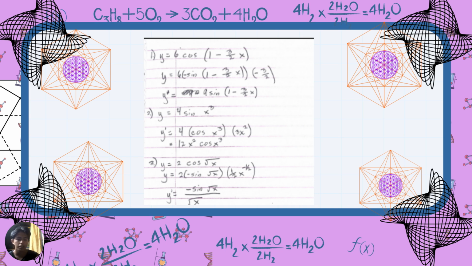So let's multiply the 4 times 3x squared, so that it will become 12x squared, then copy the cos x cubed.